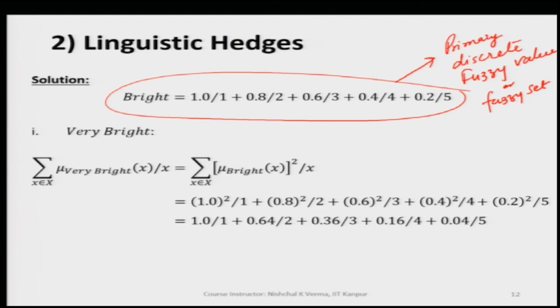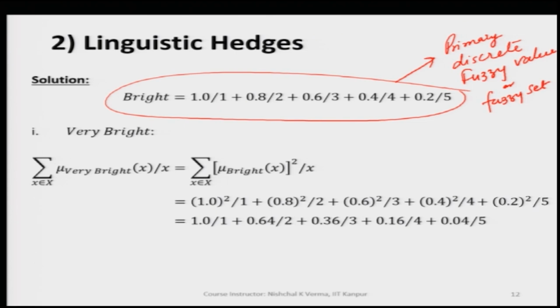Now, let us convert this fuzzy set into very bright. Let us say we are supposed to use the word very bright in order to communicate something. How can we make use of this bright fuzzy set to generate a new fuzzy set for very bright?